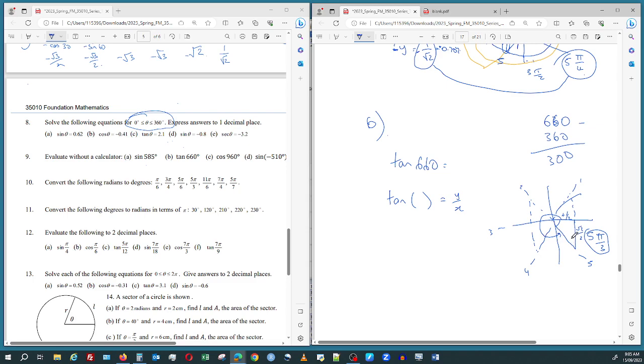Recognition. So this one is minus root 3 on 2 over half. So minus root 3 on 2 divided by a half is equal to minus root 3 on 2 times 2 over 1, which is minus root 3.